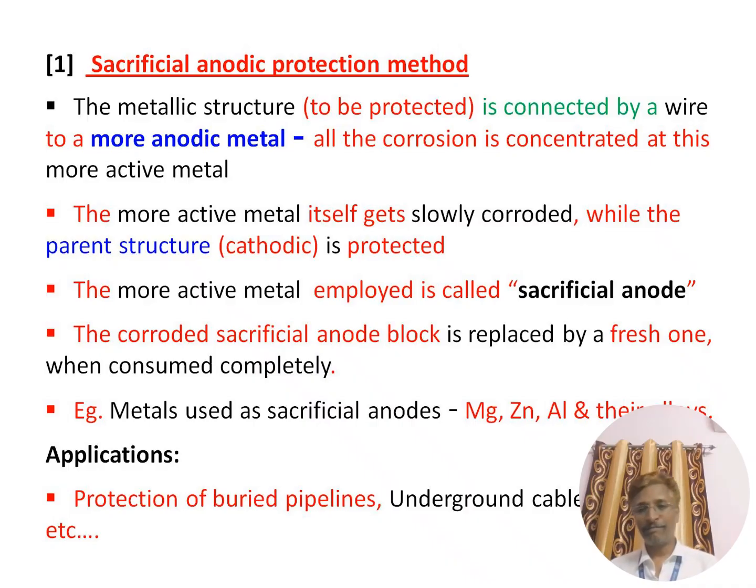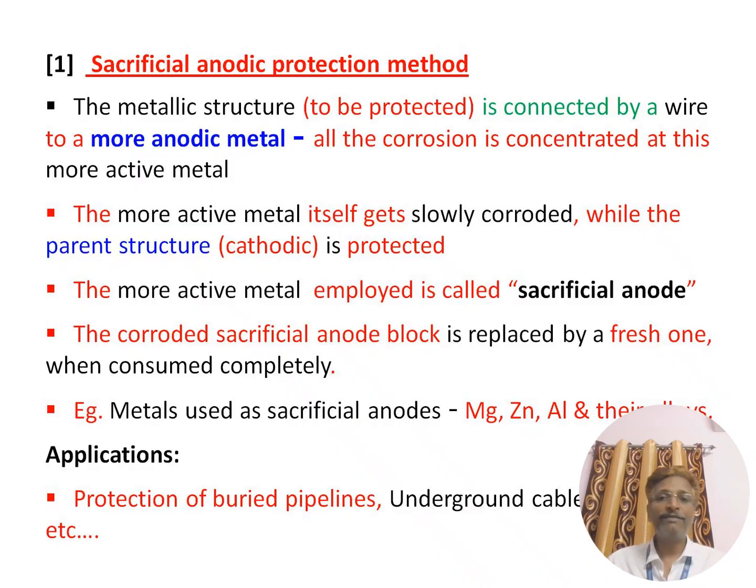Just imagine a lengthy rod that should act as a cathode; it is connected through a wire to the anode material. Most commonly the anode material is zinc, magnesium or aluminium, any one connected via a wire.